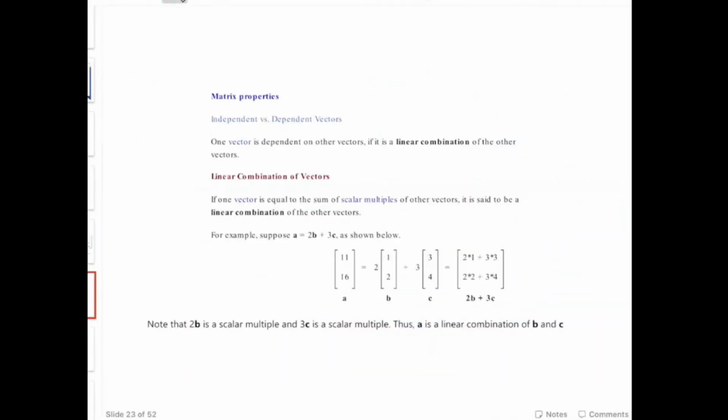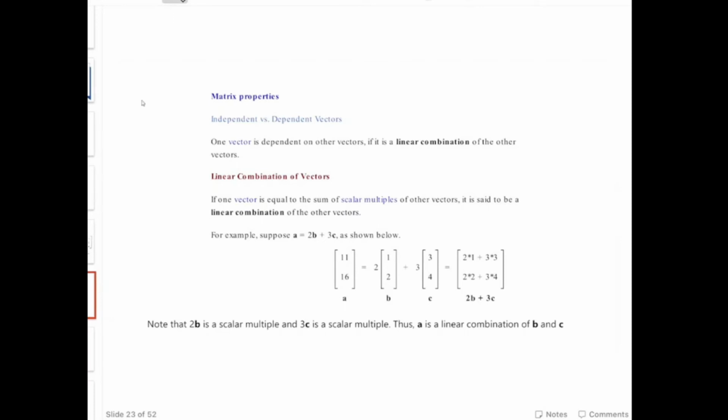Some useful properties are independent versus dependent vectors. Per definition, one vector is dependent on other vectors if it is a linear combination of the other vectors.